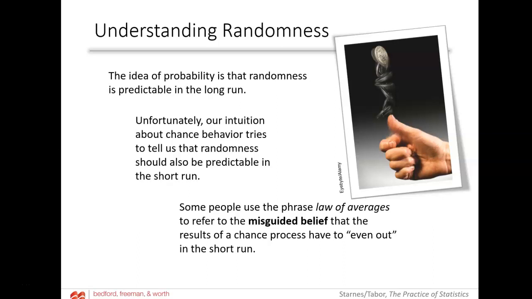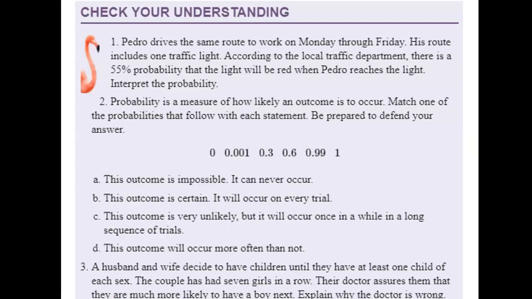Some people use the phrase law of averages, and that's a misguided belief. The law of averages is not really a phrase that we're going to say in our stats class. It's misguided because they feel like everything will even out in the short run, and that's not how it works. In the long run, your proportion will approach the estimated probability. That's the idea of the law of large numbers.